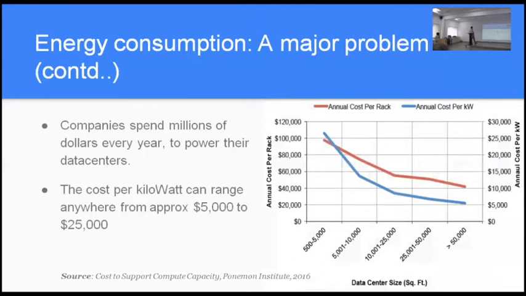Again, just a chart on what it's costing. If you increase the size of your data center, the cost per kilowatt goes down, but it's still significantly high. Even if you have greater than 50,000 in terms of your data center size, it's still going to cost you quite a bit.